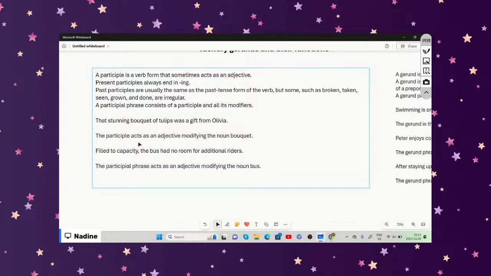And remember, we said a participle is a verb form that sometimes acts as an adjective. It's not an adjective, it acts as an adjective and it modifies the noun.